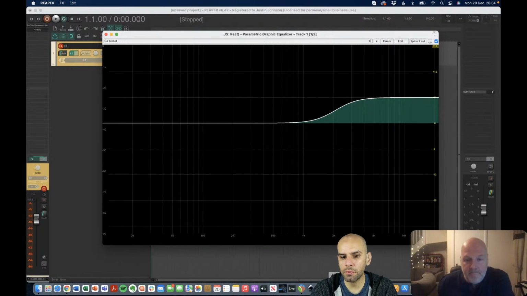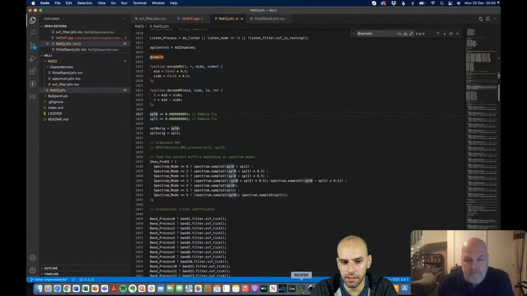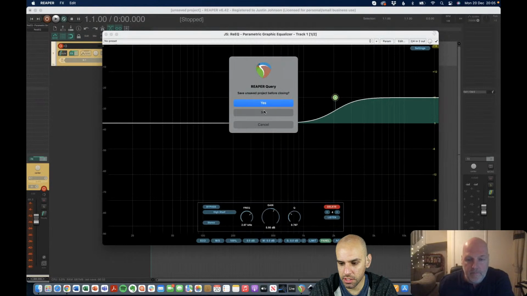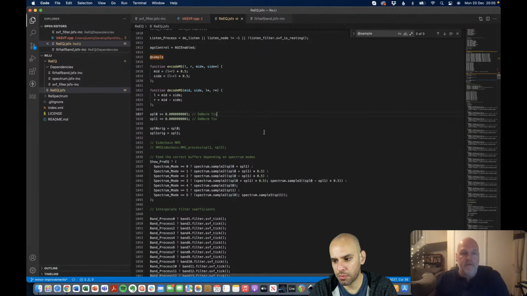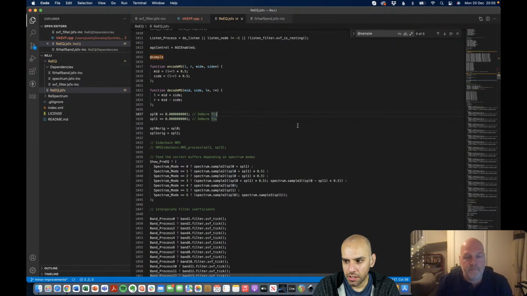Yeah, so there are multiple ways of oversampling, and they have trade-offs. You can oversample in real time with no latency, and that's useful for things like distortion on guitars. But then if you oversample that way, there are some phase issues. I guess you cannot eat your cake and have it too.